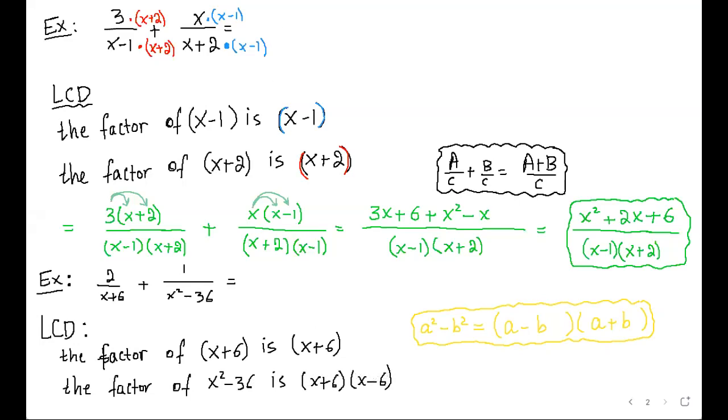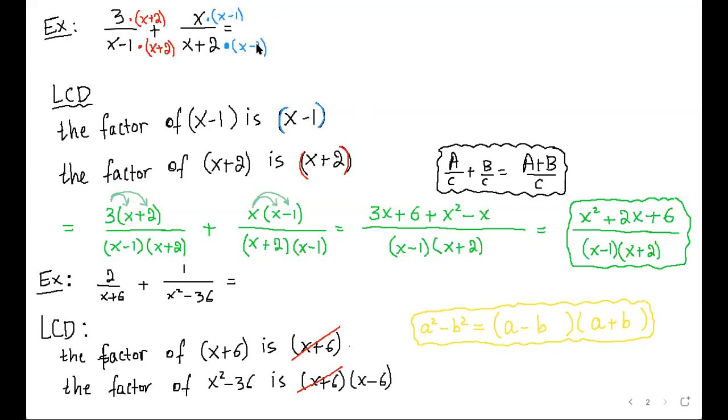Now we cancel whatever is common between both denominators. So we have x plus 6 here and x plus 6 here, so we can cancel this one by this one. But in the previous example, we don't have any common factor to cancel. Look, here we have x minus 1, x plus 2, nothing common to cancel. But in the second example, we have something we can cancel.